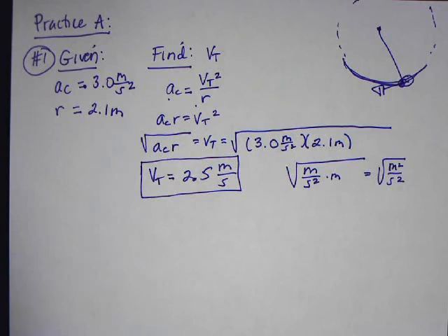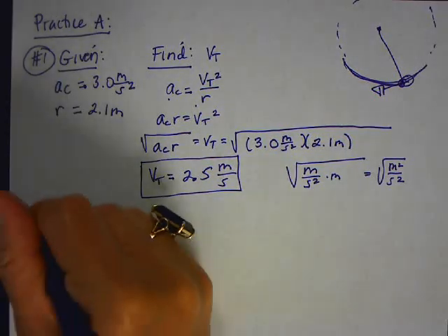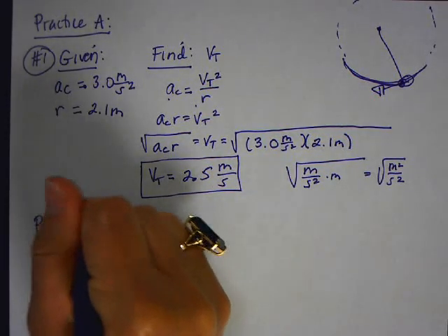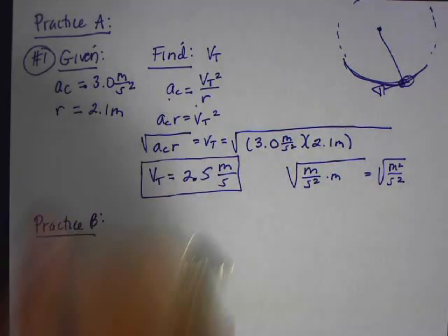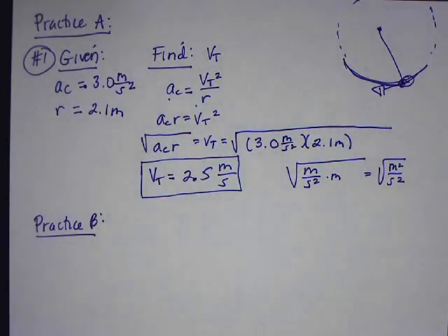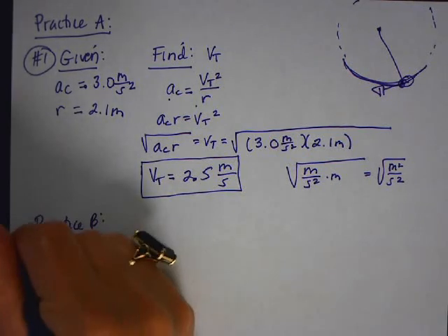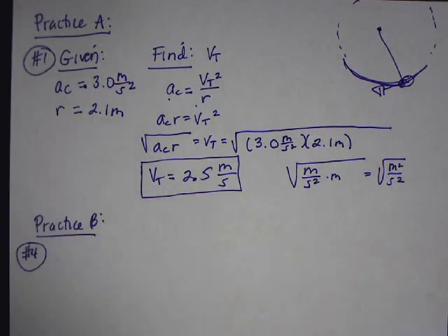All right, now we're going to look at practice B. And for practice B, we'll also do number 1. Or, you know what, we'll do number 4 since that one's the most difficult. How's that?